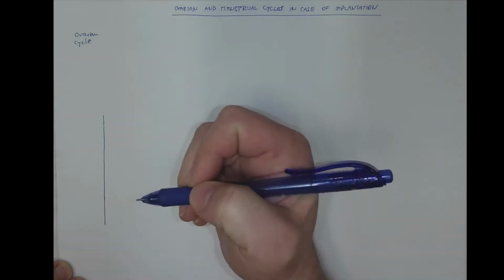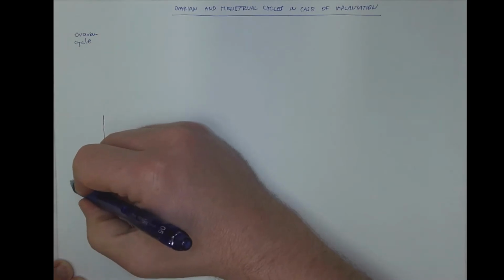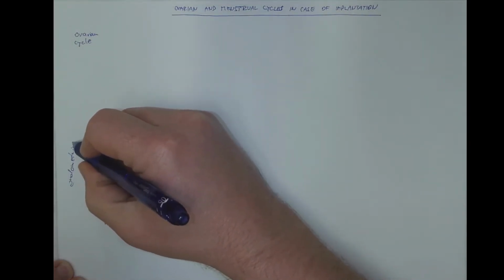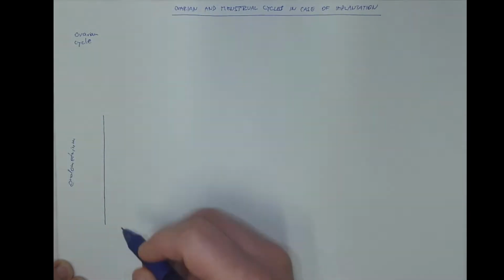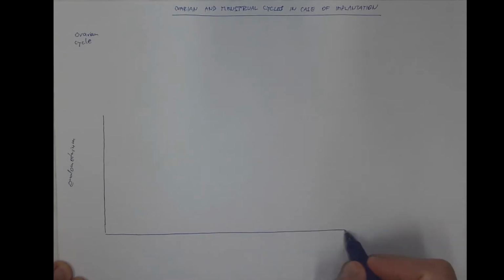On the vertical axis, let's consider the thickness of the endometrium, which is the mucosa of the uterus, and the horizontal axis will demonstrate the time in days.